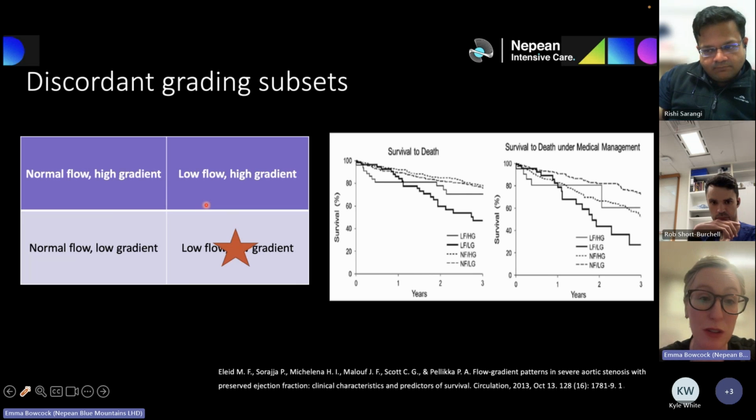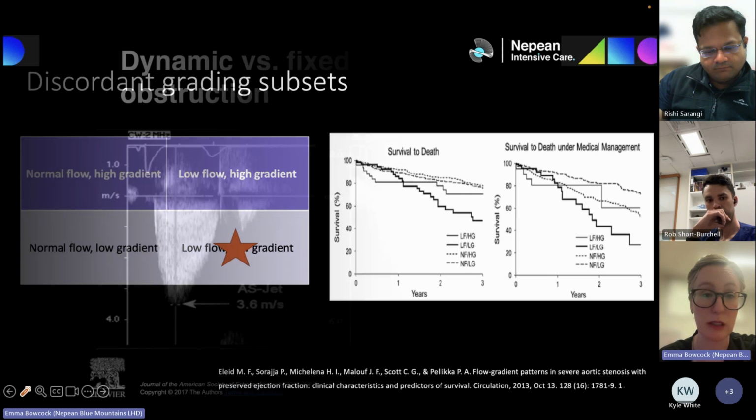They still don't have discordant grading. Don't see this that often. You can of course have normal flow, low gradient, where you haven't got so much severe AS, and the low flow, low gradient, which is the worst prognosis.